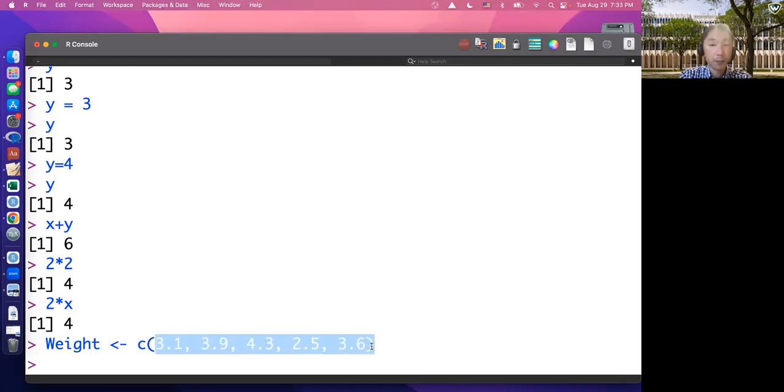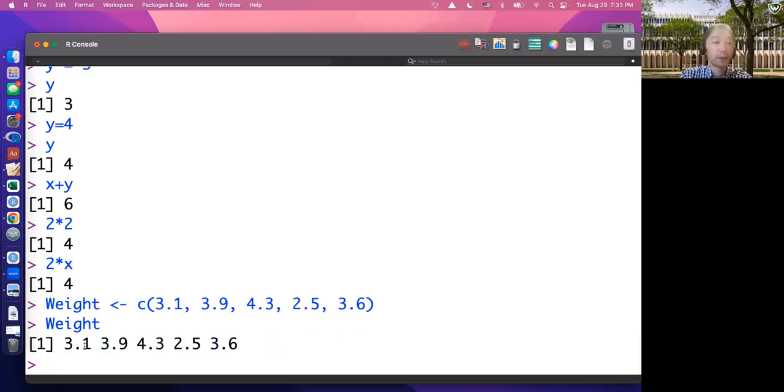Then you can put these numbers separated by commas, then you put the c and parentheses, and also parentheses here. Then weight is a vector of these 5 numbers. And this is the first element, and the second, third, fourth, and fifth.